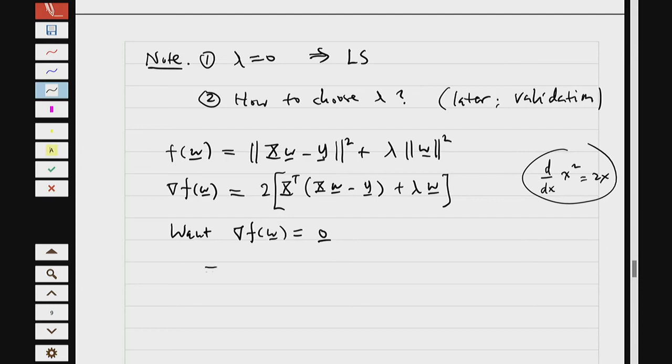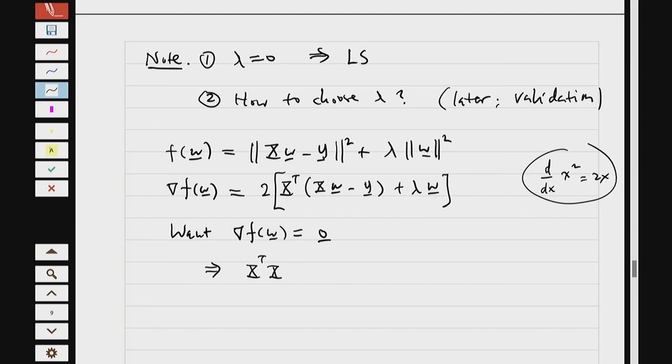This tells you that you want X transpose times X, and then I want to combine this w and that w together. So I have a scalar lambda. When I combine a scalar with a matrix, what do I need to do? I can't just add the scalar to a matrix like that.